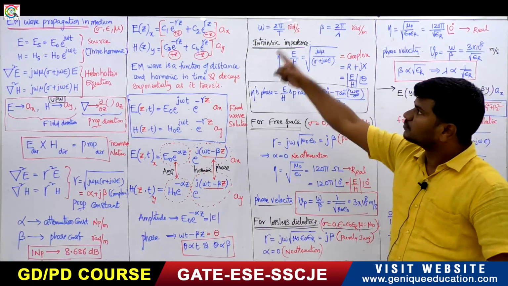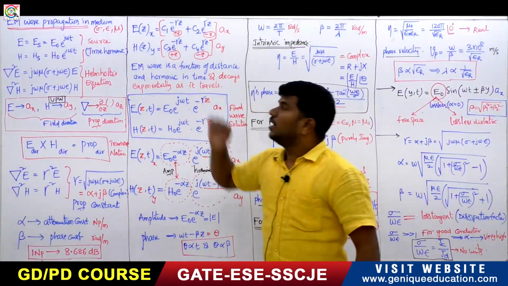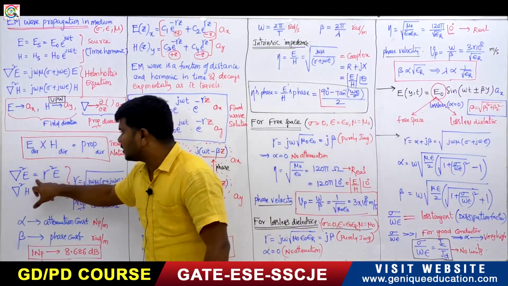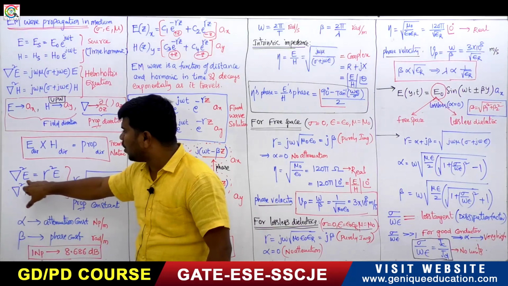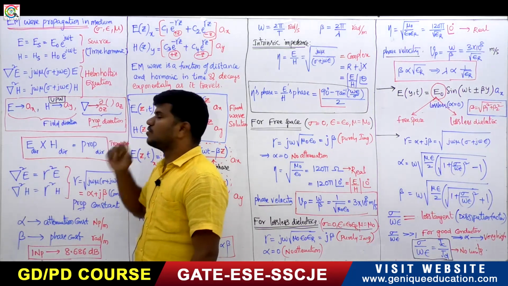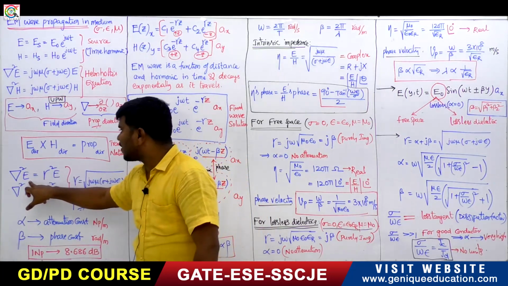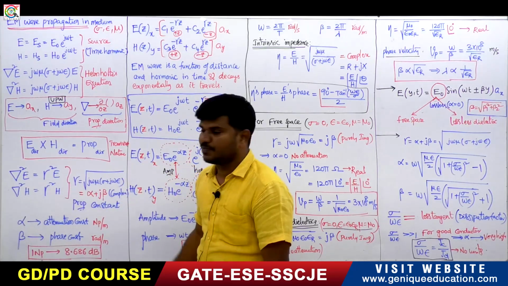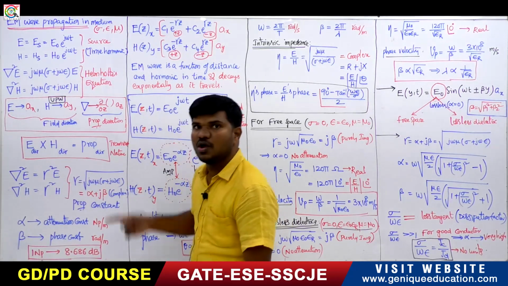Now observe the EM wave equation. Already we know what del square is. Del square is dou square by dou z square. So dou square by dou z square of E is equal to gamma square E. It is a differential equation. If you solve this differential equation, what you will get?